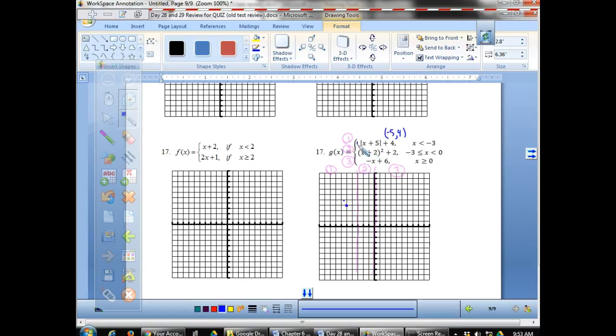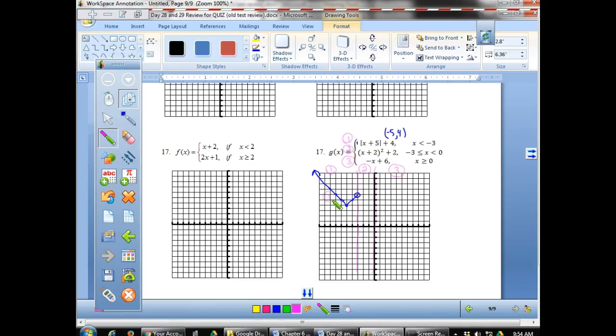My slope is a 1. So I'm just going to kind of go up and over, putting little points in place. And then I land on the line that I need to start my graph. So my graph is going to start at -3, and it's going to go to the left. So I'm going to continue this little pattern here, and it goes up, up, up, really to the left and to the right, and then it goes here and stops. So that's the first graph there. So this is graph 1.